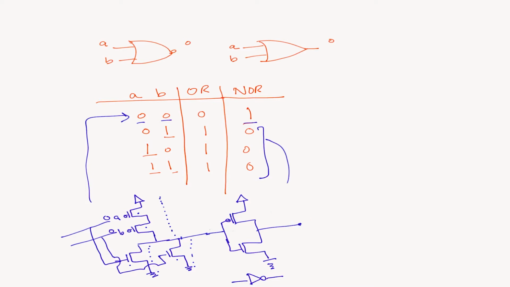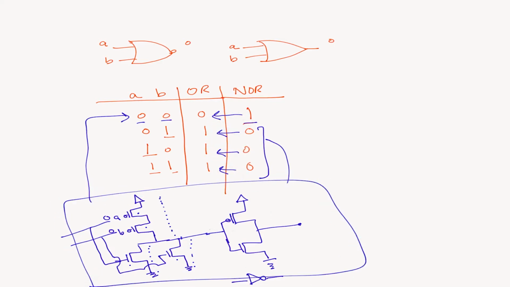Once I put an inverter, 1 becomes 0 and 0 becomes 1, so this whole circuit together is an OR, and just this part is a NOR.